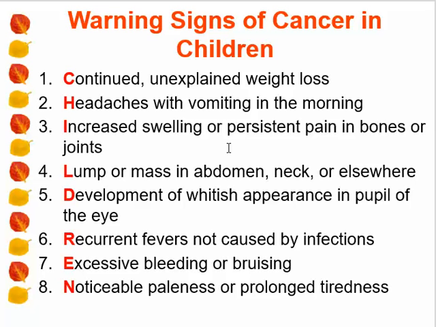Increased swelling, so it's very inflamed. Lumps in the abdomen, neck, elsewhere, although you've got to be careful that it's not just an inflamed lymph node. Whitish appearance in the pupil of the eye, recurrent fevers not caused by infection, excessive bleeding, excessive bruising.